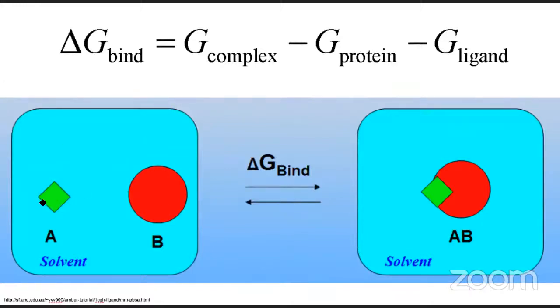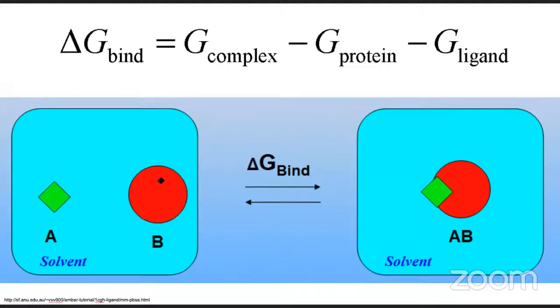You calculate the energy of green alone, the energy of red alone, and then the energy of them in a complex. When I use the word complex, I mean that they are in a bound state.